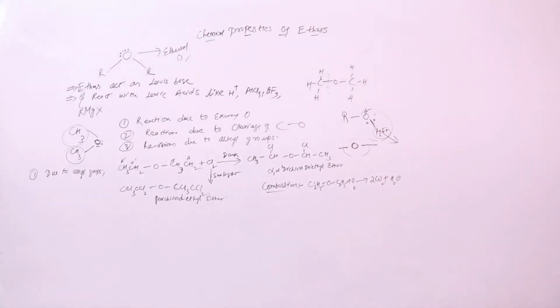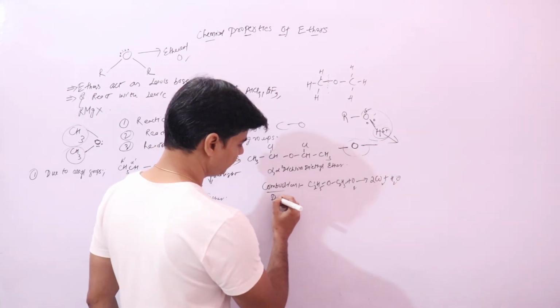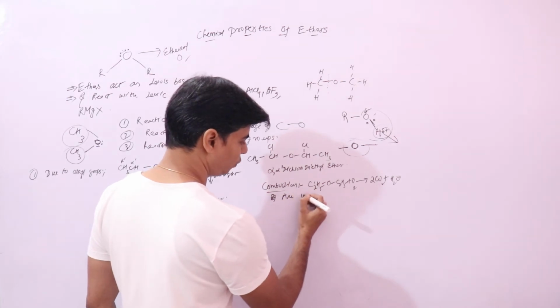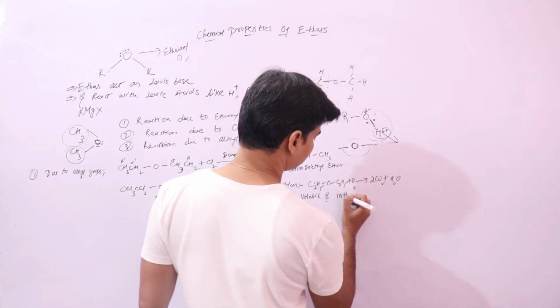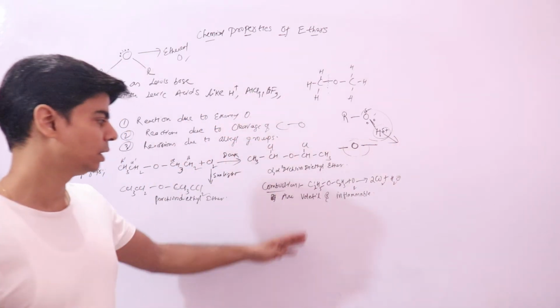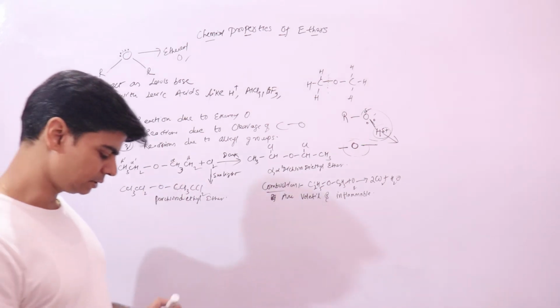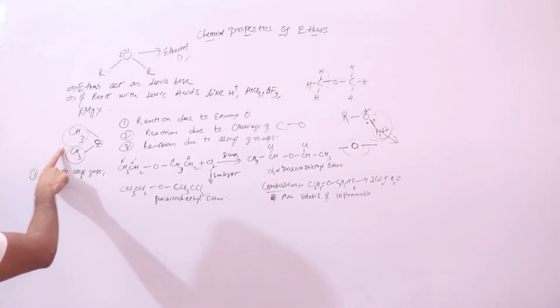And we know that ethers are volatile and highly inflammable. Just remember, this reaction occurs because ethers are volatile and highly inflammable. So they burn in oxygen to give you carbon dioxide and water. So these two types of reactions are due to the alkyl groups present in ethers.